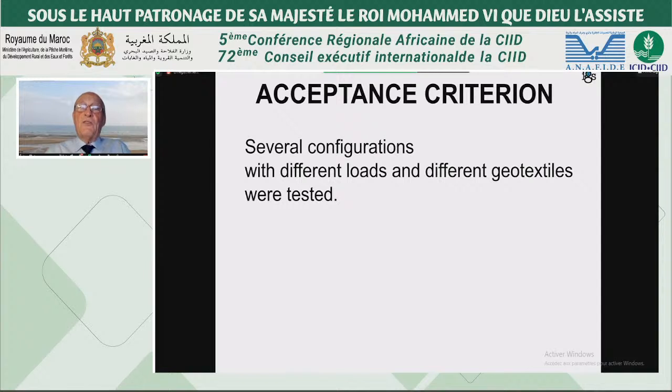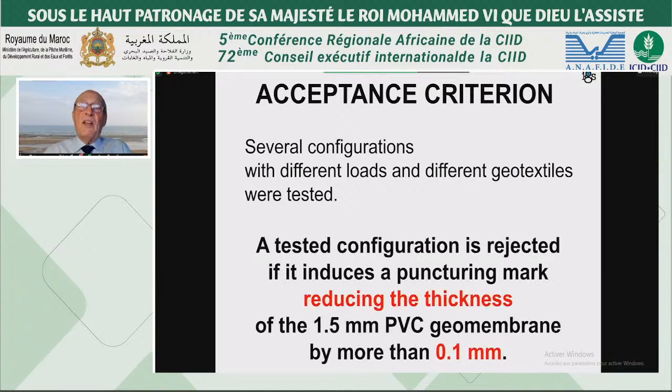Several configurations with different loads and different geotextiles were tested, and a tested configuration is rejected if it induces a puncturing mark that reduces the thickness of the geomembrane by more than 0.1 millimeter.